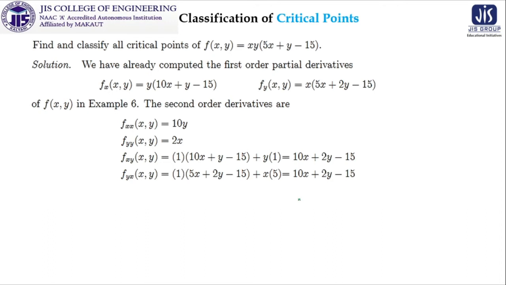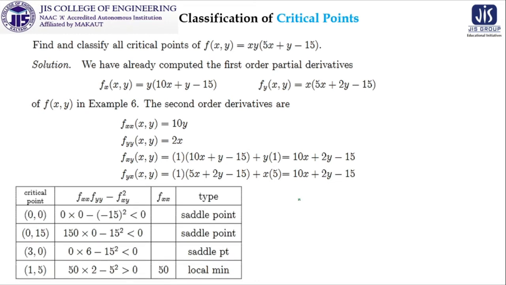I am keeping it for your own practice. You can see that there are three saddle points, because all these three have values less than 0, and in one case D is greater than 0 and fxx is 50, also greater than 0, so local minima is coming.